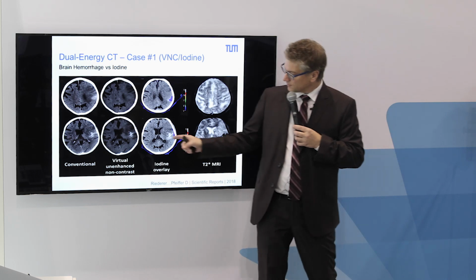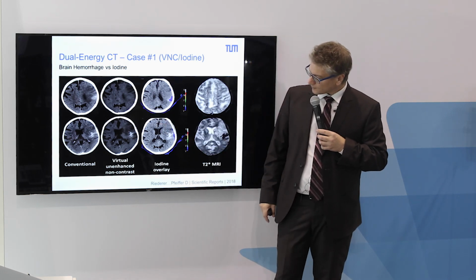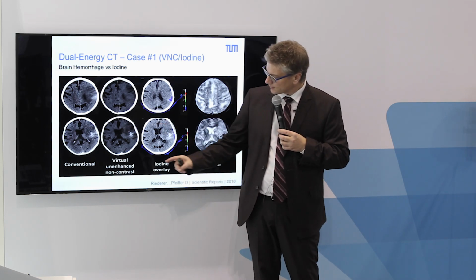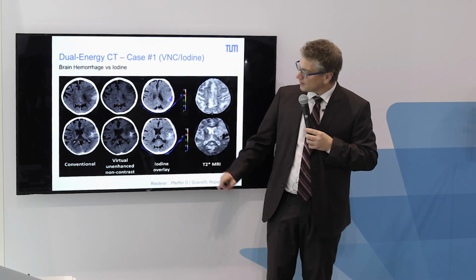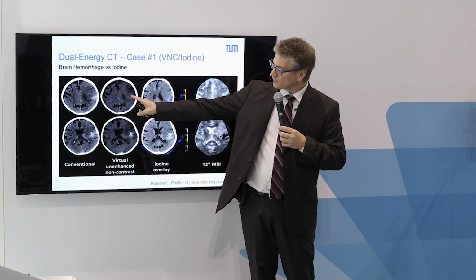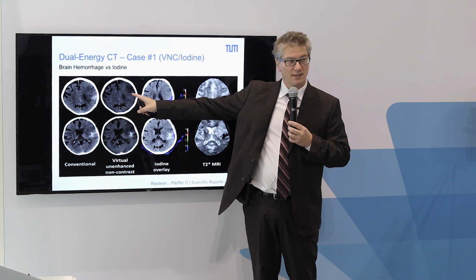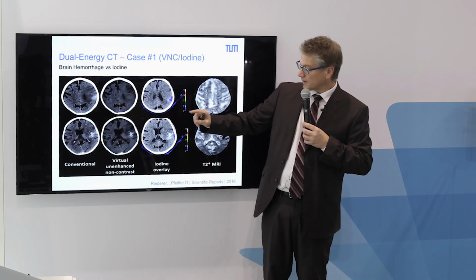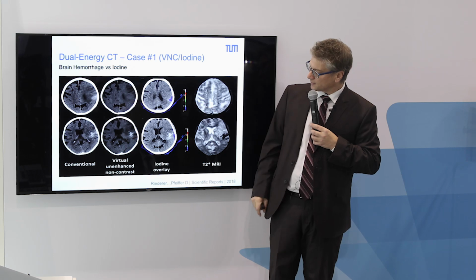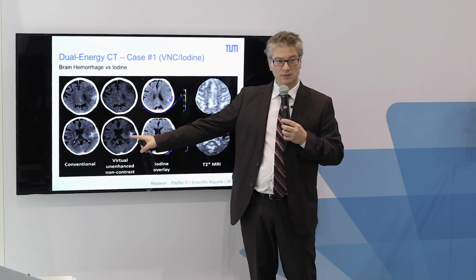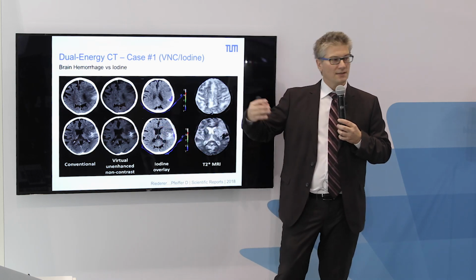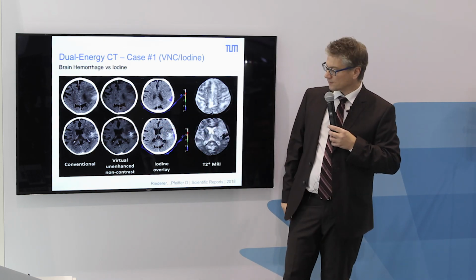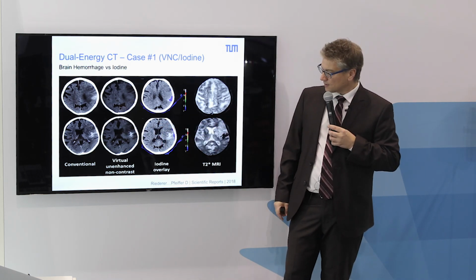So, if you now do dual energy and you separate into the virtual non-contrast and the iodine, you see that in this case up here there's no density left, so that was actually iodine. Everything's fine, it shows up in this iodine overlay map actually, and here it does not go away, so that means this is actually new water-like or blood-like density, and there you actually have to go in and do this procedure again.